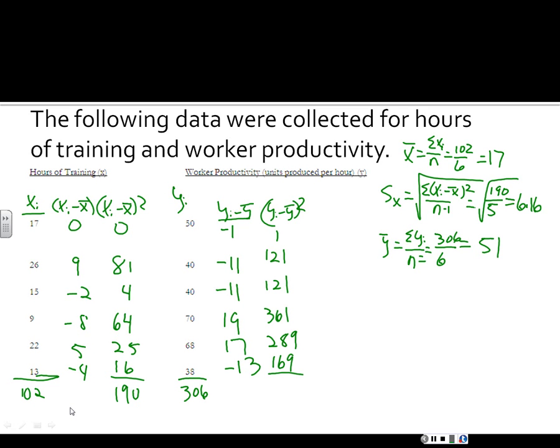Then add. It's 1062. So the standard deviation of the y's, I got 14.57.